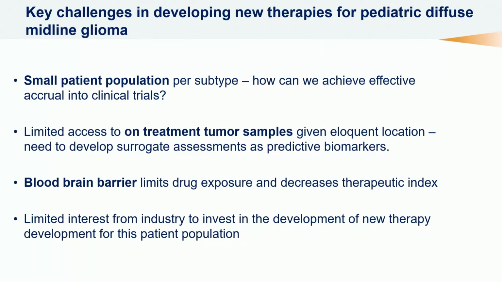So this remains an issue for us. And then obviously we are dealing with a very small patient population, and so there's limited interest from industry to invest in the development of new therapies for this specific patient population.